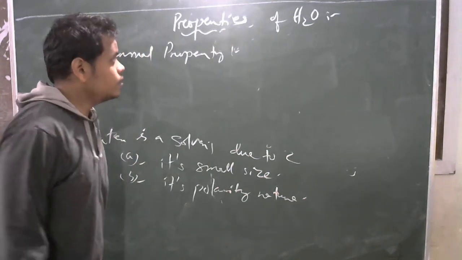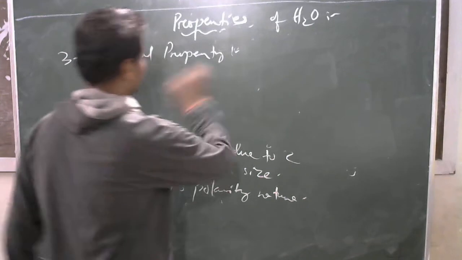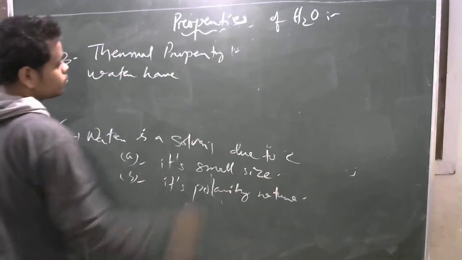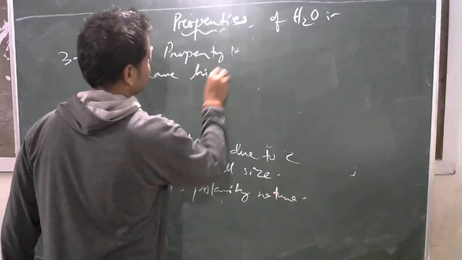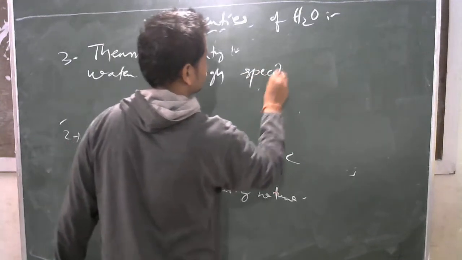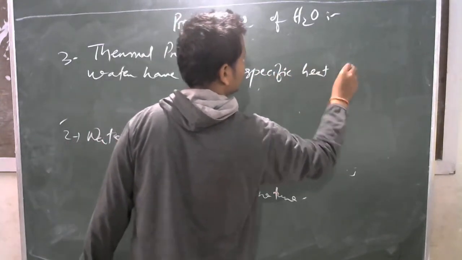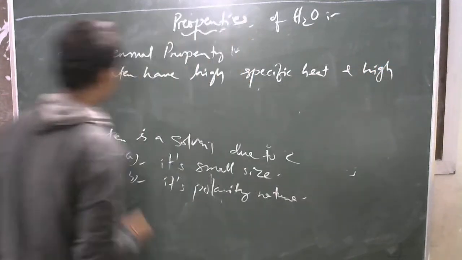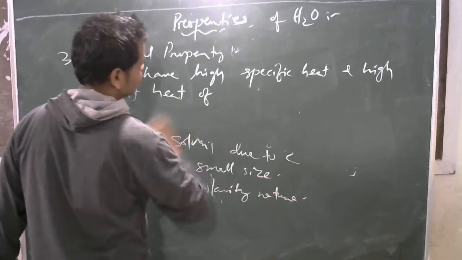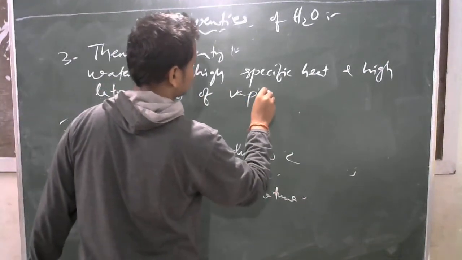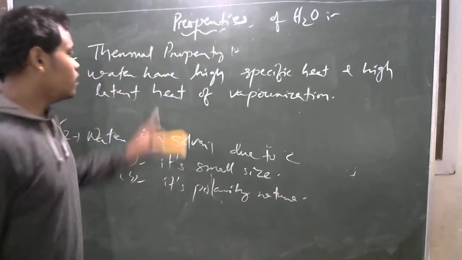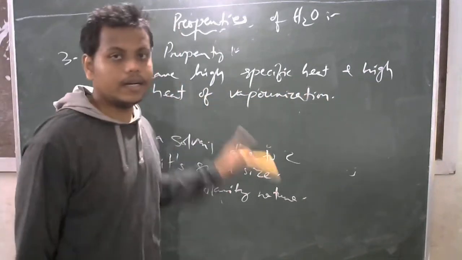Thermal property is that water has high specific heat and high latent heat of vaporization. Water has high specific heat and high latent heat of vaporization.